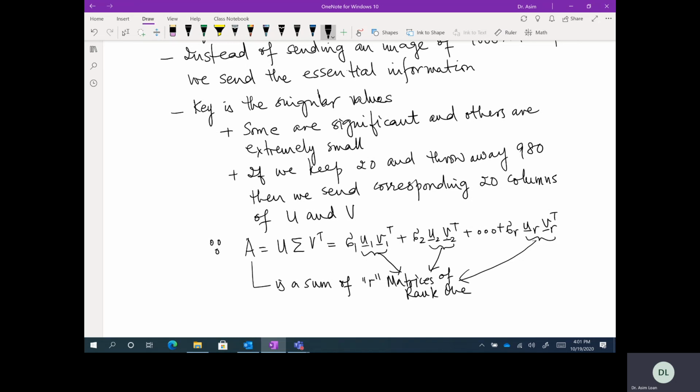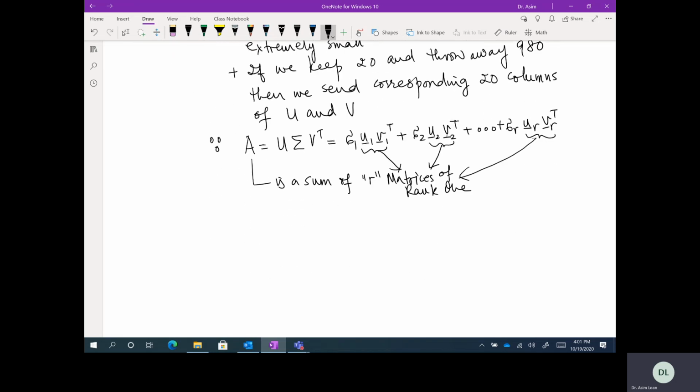So if only 20 terms are kept, then we send 20 times 2000.